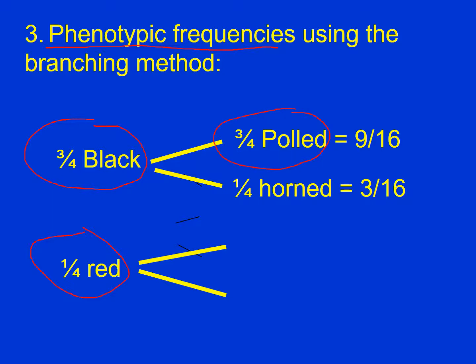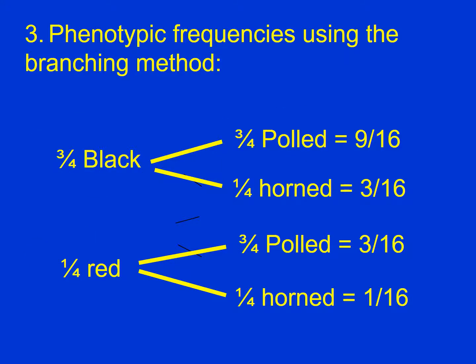So what's the chance of being black and polled? It's going to be 3/4 times 3/4, 9/16. Chance of being black and horned, it's just the 3/4 times the 1/4, and that equals 3/16. And we just continue to fill it out.